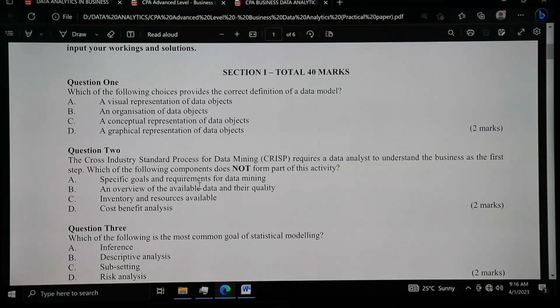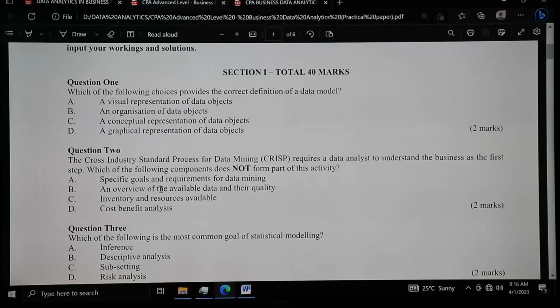Here, only one activity is not involved in business understanding. The first one: specify the goals and requirements for data mining. That is an activity that is very crucial in understanding a business. You must first know the goal and why you have to do data mining.